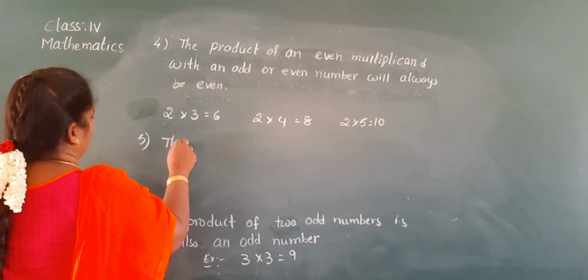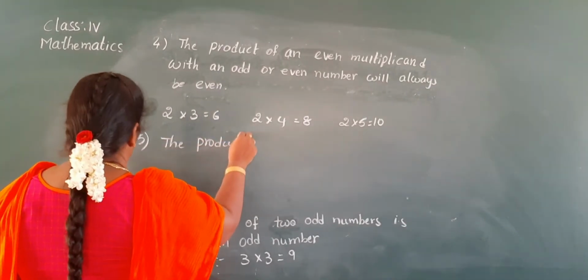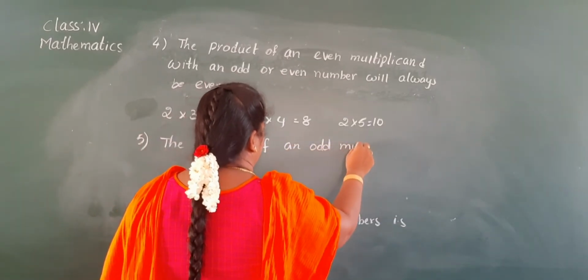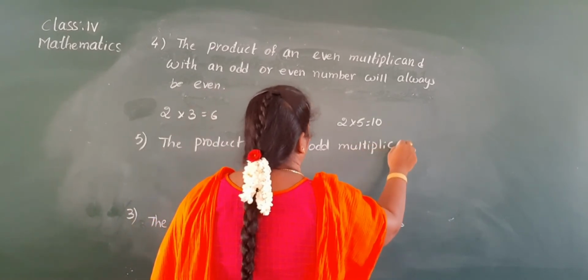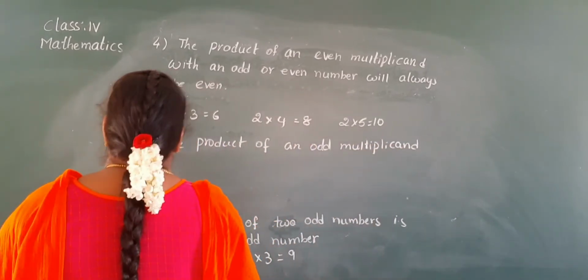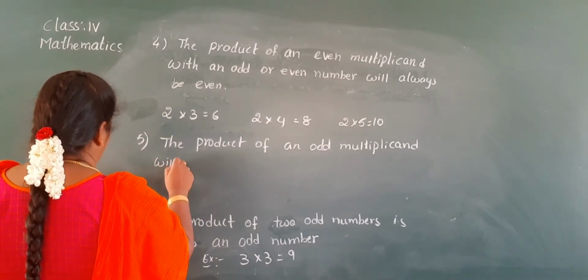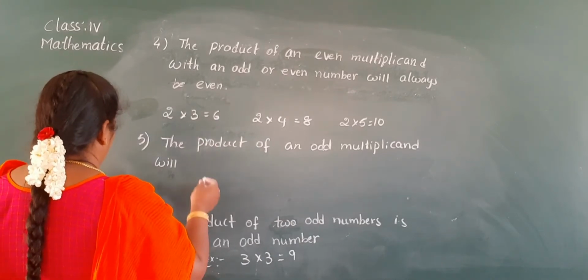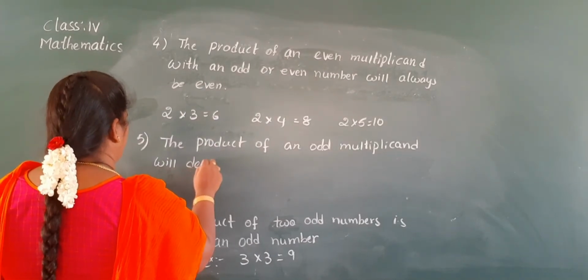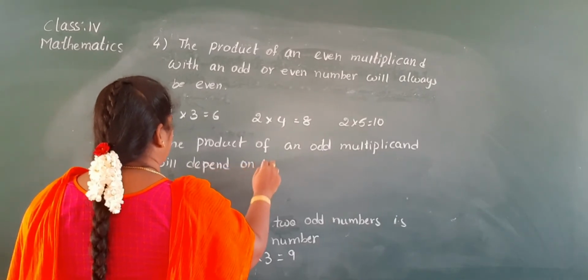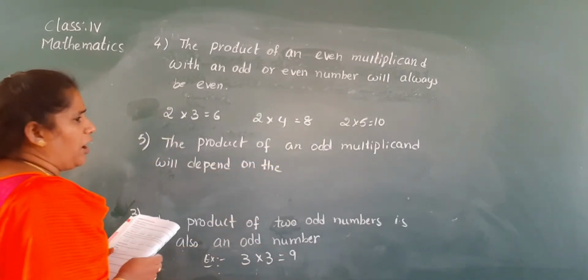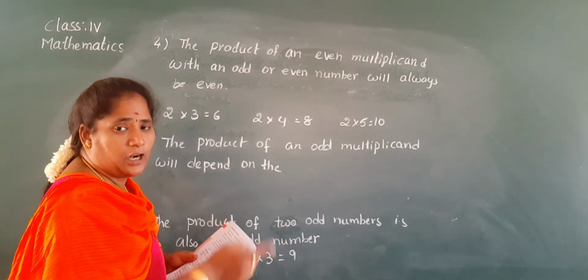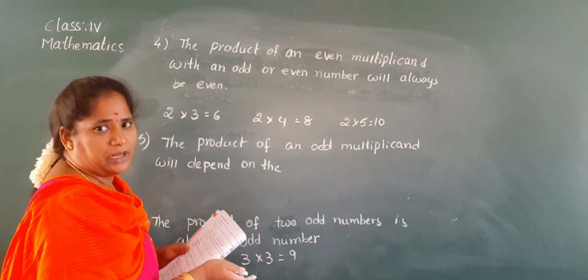So the product of an odd multiplicand with a multiplier will depend on the multiplier. Before, I told you, no, the product of odd and even, is it odd or even? The product of odd and even is an even number only, no, Nana.